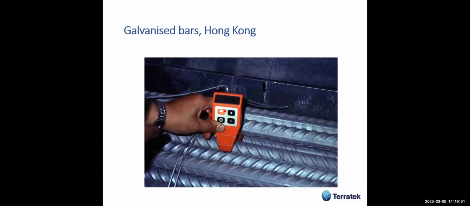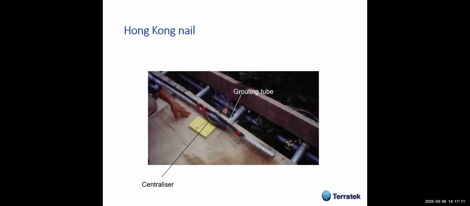They had a factory to provide the galvanization to these bars, and they had an instrument to measure the thickness of the protection, and that's what they use in Hong Kong, and it seems to be very successful.